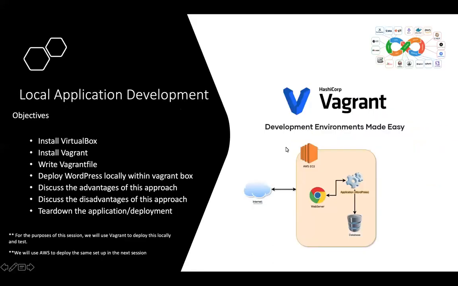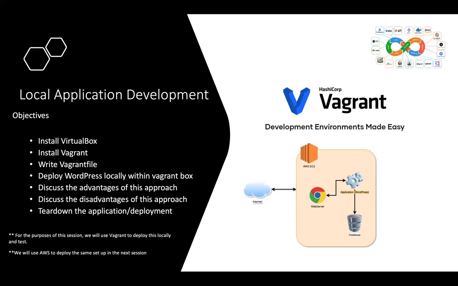So what are we going to do here? What we are trying to achieve is to use a tool called Vagrant to deploy an application, a simple setup that an organization uses every day. I've chosen Vagrant because it'll help us test this locally.